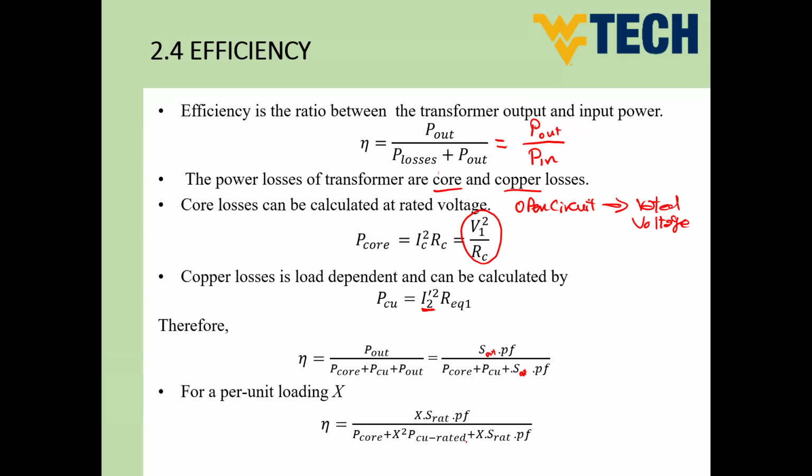Because P copper is I square R equivalent 1. If I'm working at rated current, so this would be I rated square. If I'm working at half of rated current, so I square is going to be 0.5 square times rated current square. So we can replace P copper by X squared times P copper at rated value.